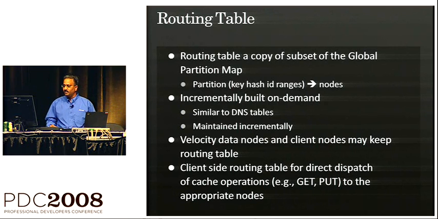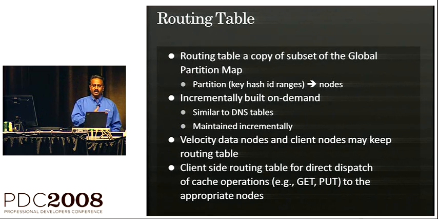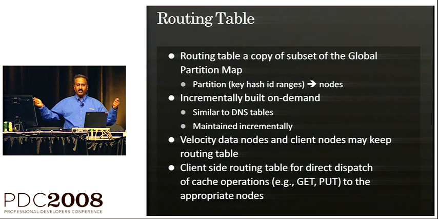That's fundamentally it. And we can build it incrementally because it is on the client side. How did it come to the client side? The very first time, a client may not find it. It goes to some server, gets it, and then starts incrementally populating the local routing table. Think of how DNS names are built. Over time, all the clients will have information about what object lives where.